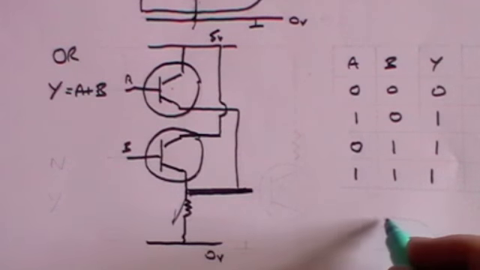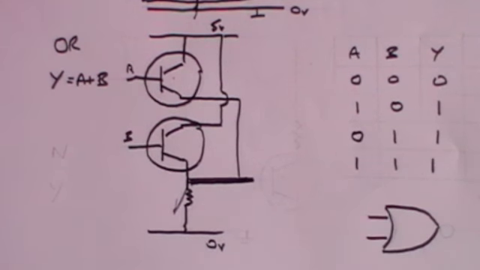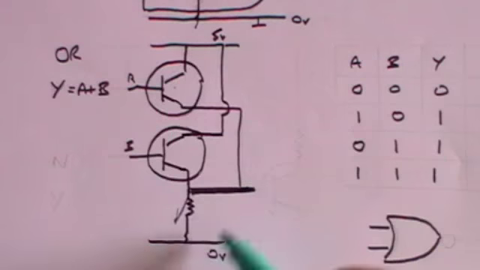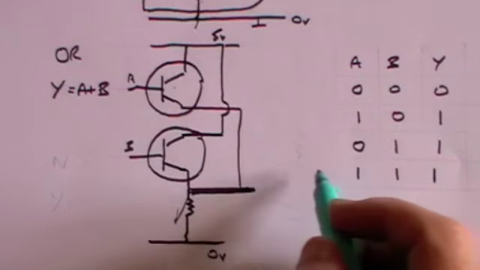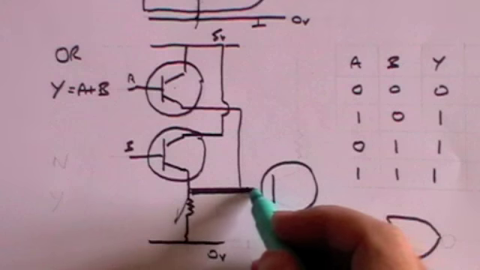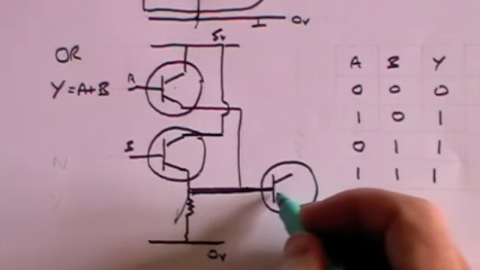And the symbol that we use for an OR gate is the one that I drew before, and that is this one. Now in fact we can use this description of the OR gate to create our NOR gate, because you don't do very much more with a NOR gate. With a NOR gate you simply add a further transistor, and you have the output from the OR gate going into this transistor.